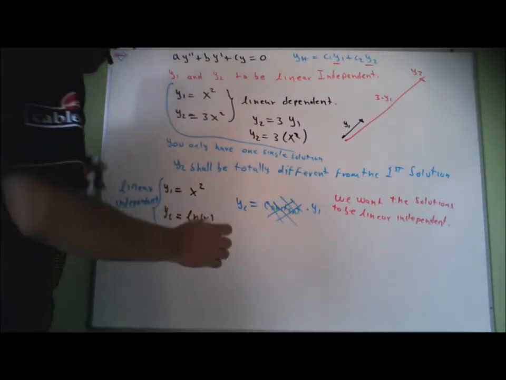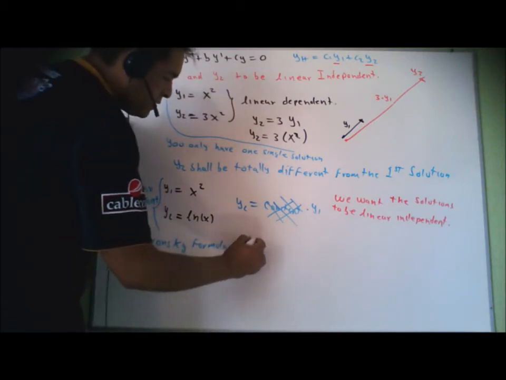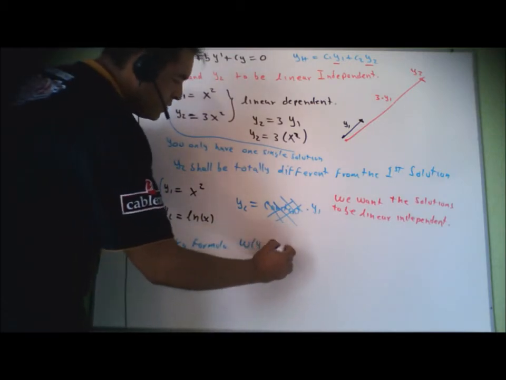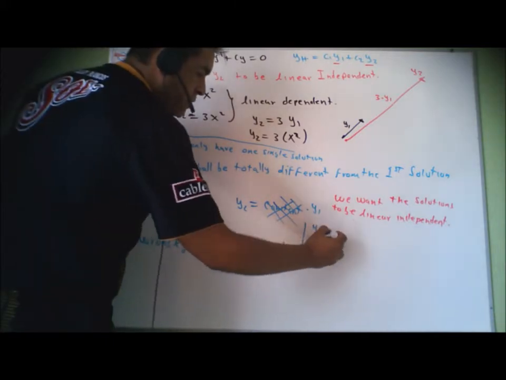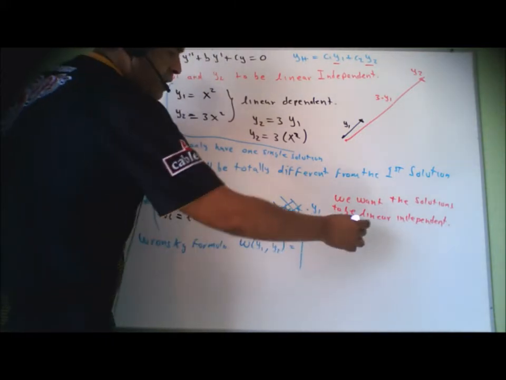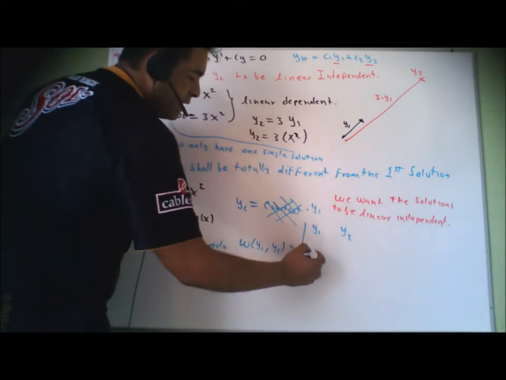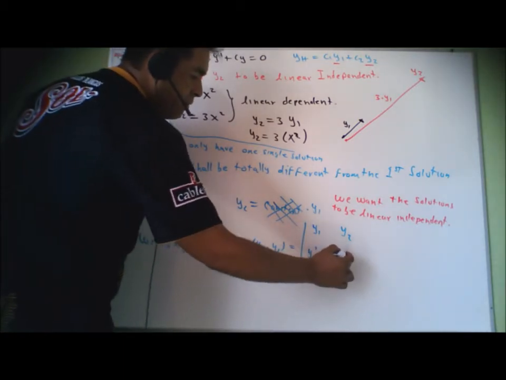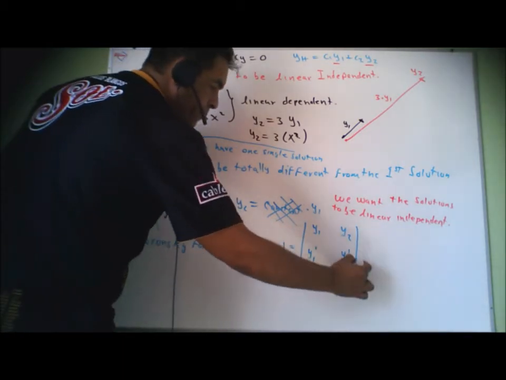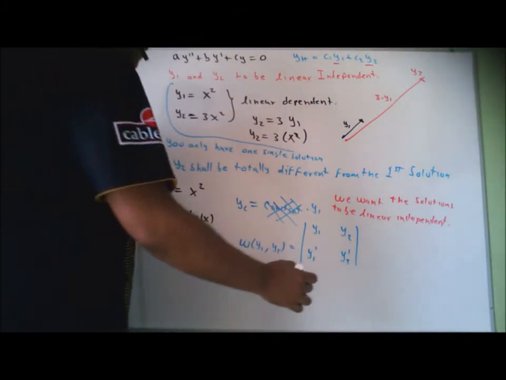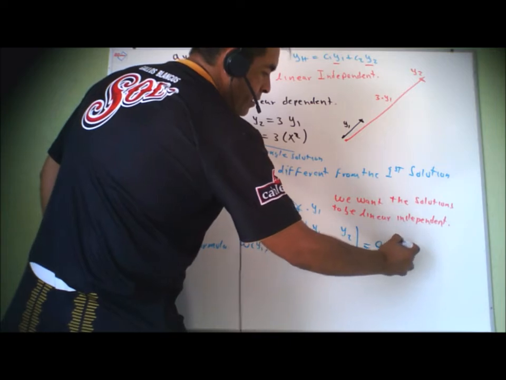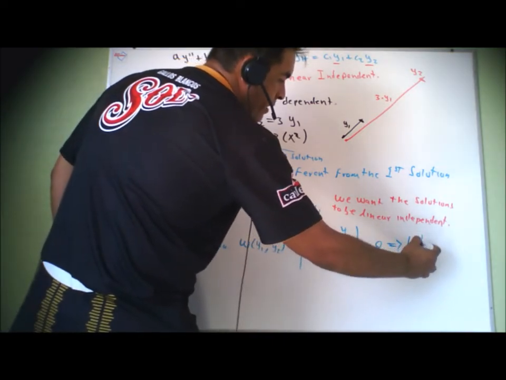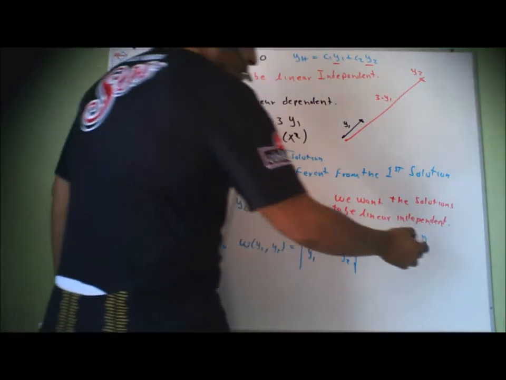The Wronskian of the first solution and the second solution is equal to a determinant, with the first solution and the second solution in the first row, and in the second row the derivative of the first solution and the derivative of the second solution. If this is equal to 0, then it is linearly dependent.